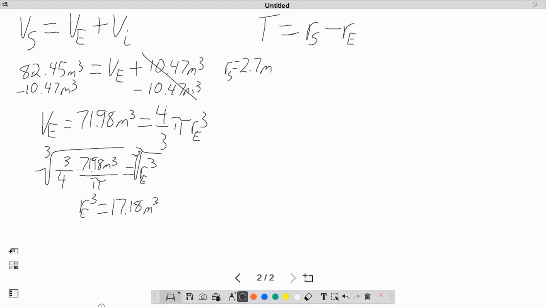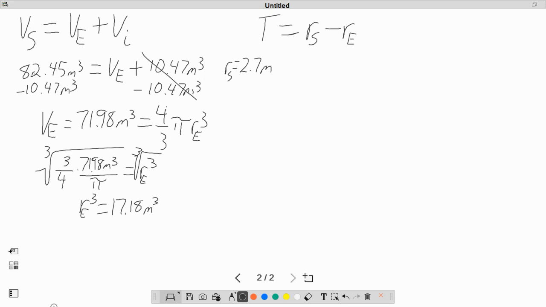In order to take the cubic root, if you have a cubic root button, it's pretty easy. If you don't, you might be struggling, going, I don't know how to do that.